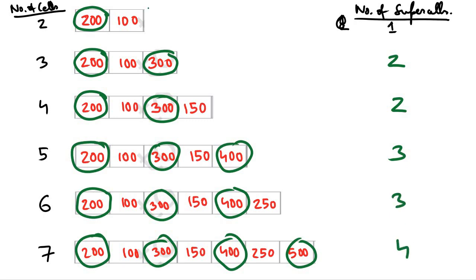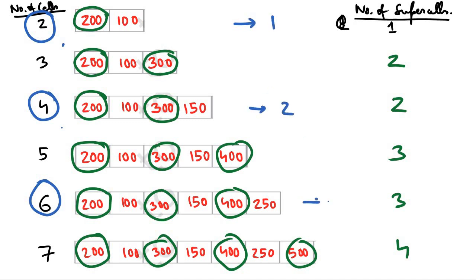So the strategy is like this. Let's find the even number cases first. This is even, this is even, this is even. In the case of even numbers, the count was 1, here 2, and here 3.